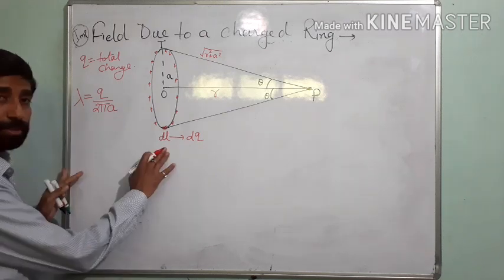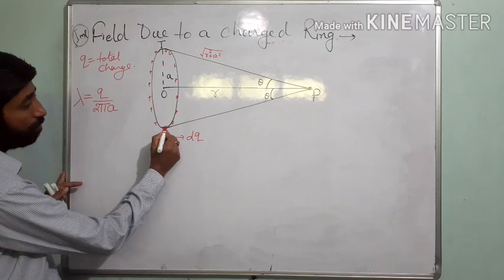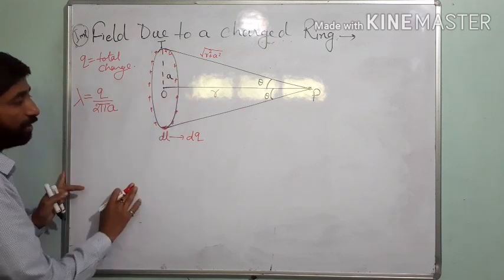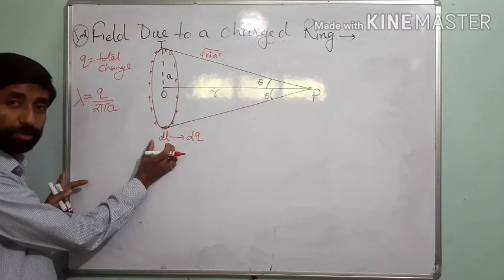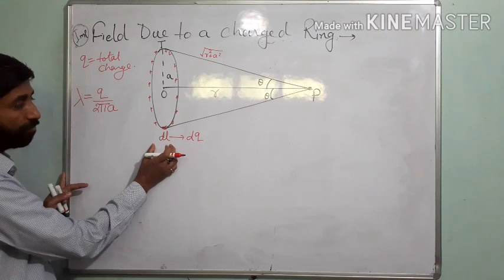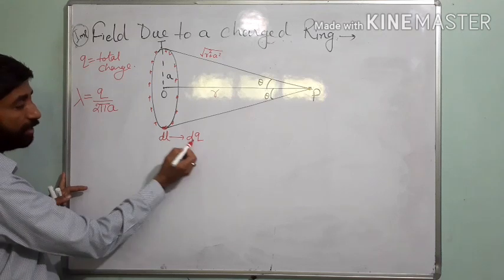Now come back to this segment. This is a small piece of that charged ring whose length is dl. So the charge contained in this small segment is dq.